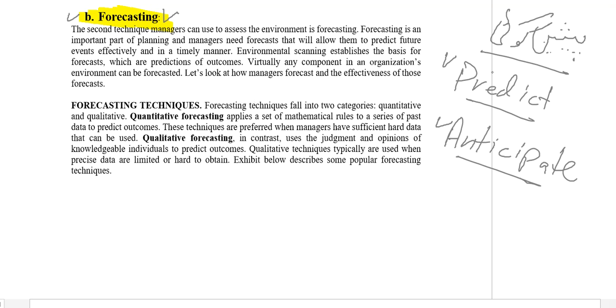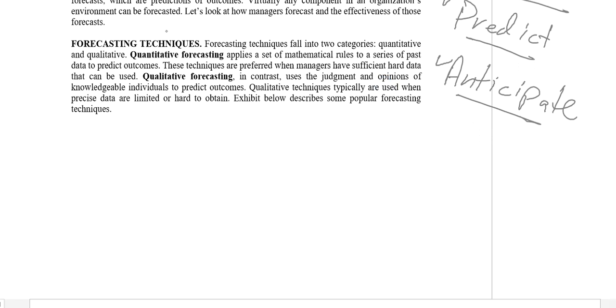Students, in order to forecast, we have two different techniques. Technique number one is quantitative technique. Technique number two is qualitative technique. In quantitative technique, we use statistical and mathematical models to predict and to forecast.